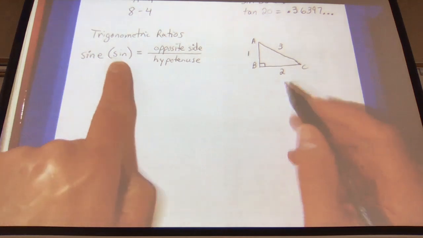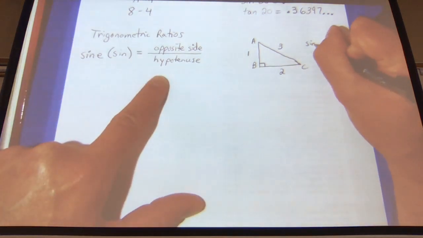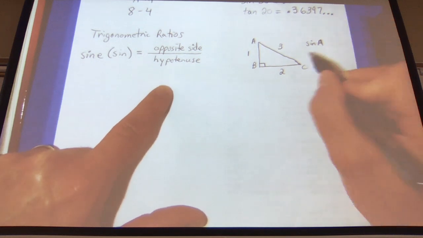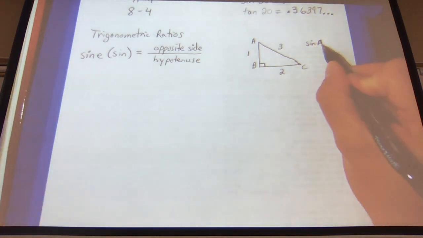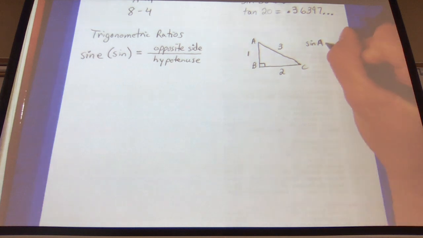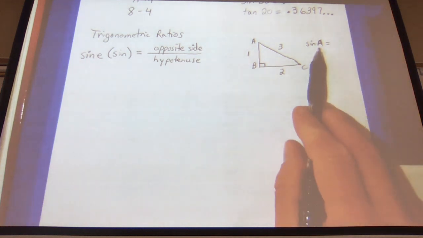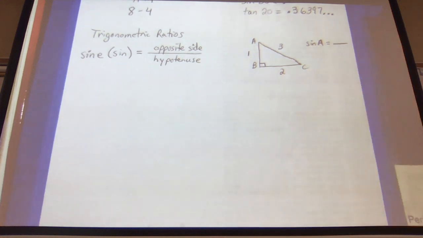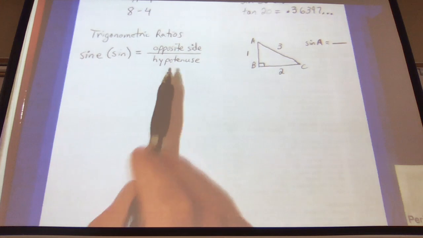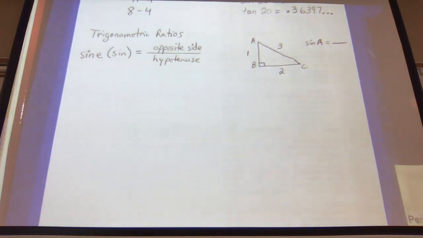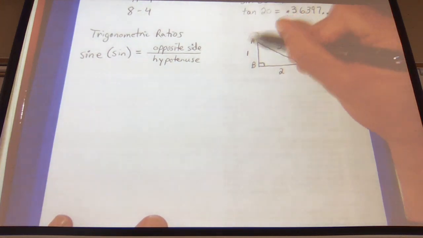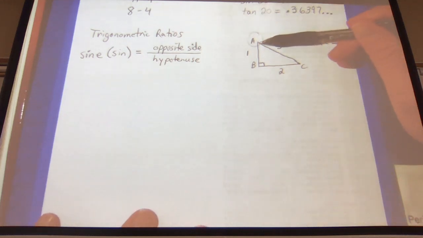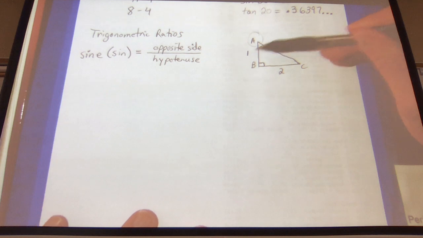And then if I use my abbreviation for sine, let's say I want to find the sine of angle A. To find the sine of angle A, I'm going to use my abbreviation for sine with a capital A behind it. Find the sine of angle A, I'm going to get a ratio. That ratio is the opposite side over the hypotenuse. Now, for the sine of angle A, I'm going to go up here to angle A. And when I look at my triangle, the side that's labeled 1 would be adjacent.